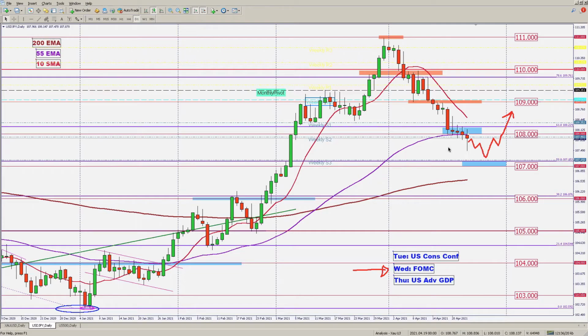Otherwise, if they stay put, just like the ECB, then it could just be a resumption of the bearish move. So it's an important week coming up for the US dollar.